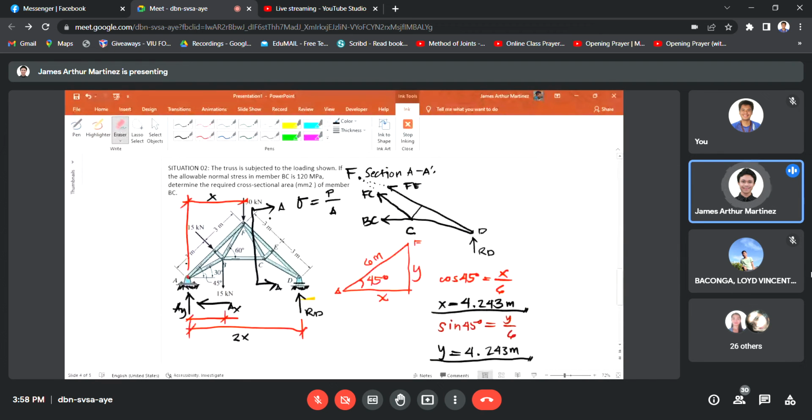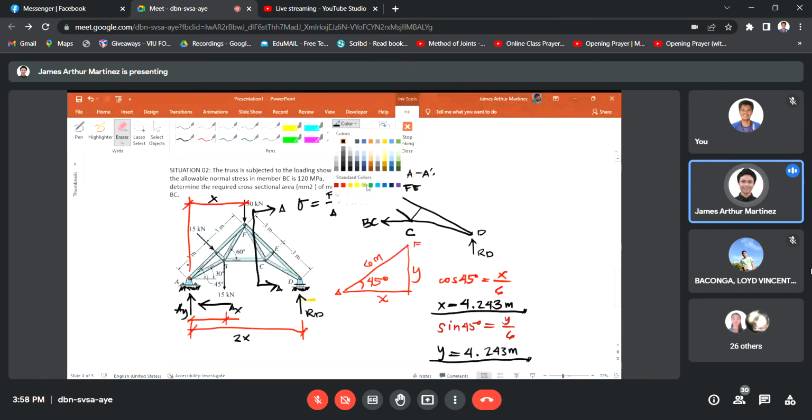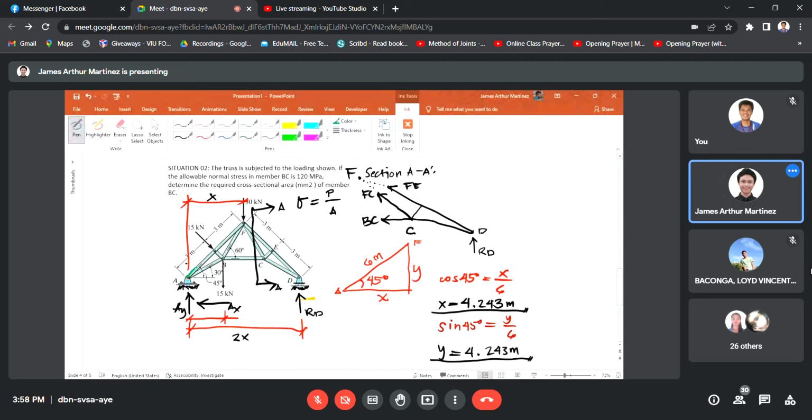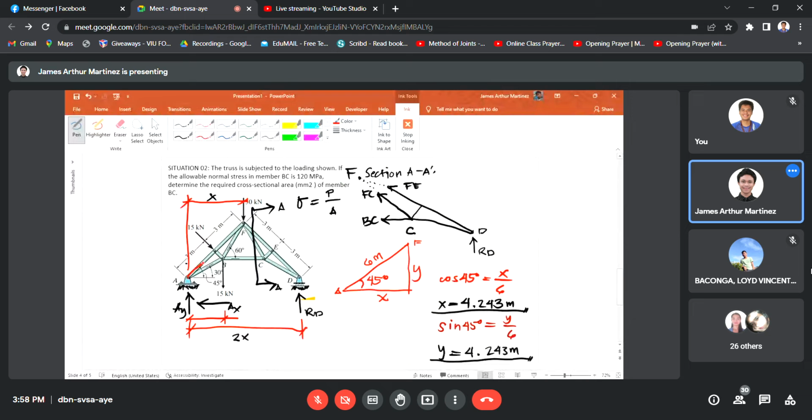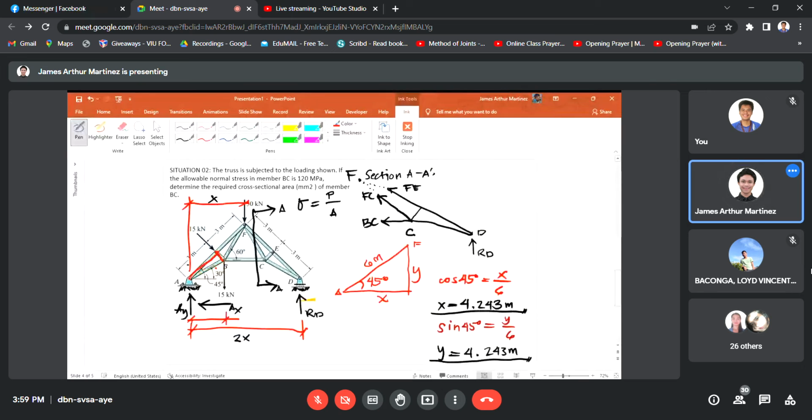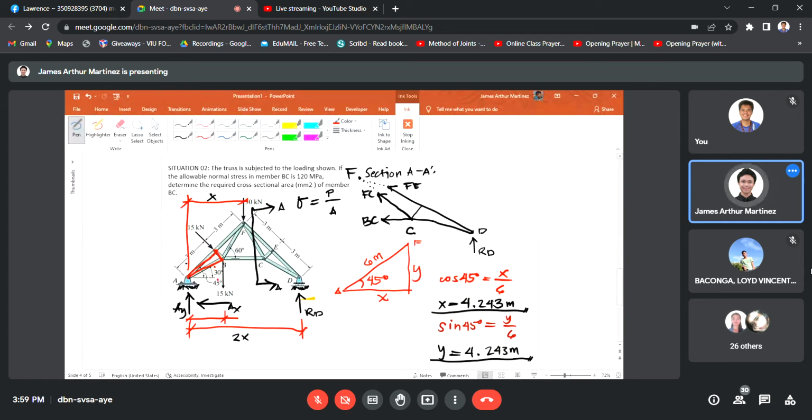Let's draw its triangle relationship. So this is perpendicular here and also perpendicular here.